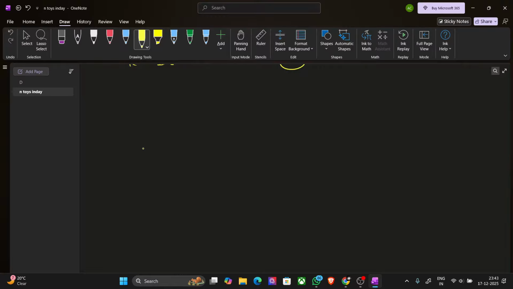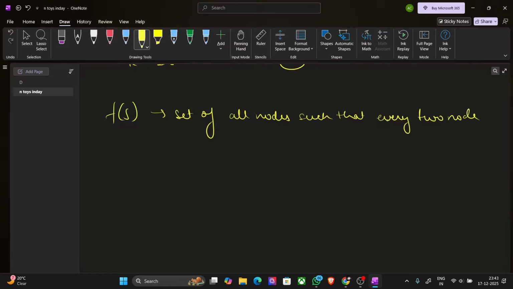So what is Fs in this particular problem? Fs is a set of all nodes such that every two nodes have a lowest common ancestor inside Fs.